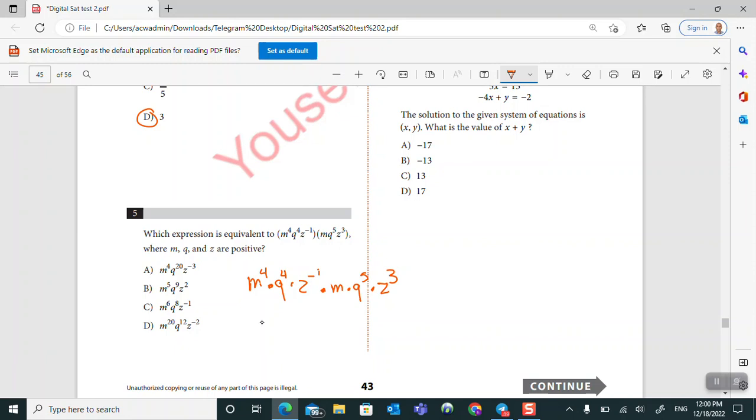So you can add the ones that are related to each other, so m to m, q to q, and z to z.